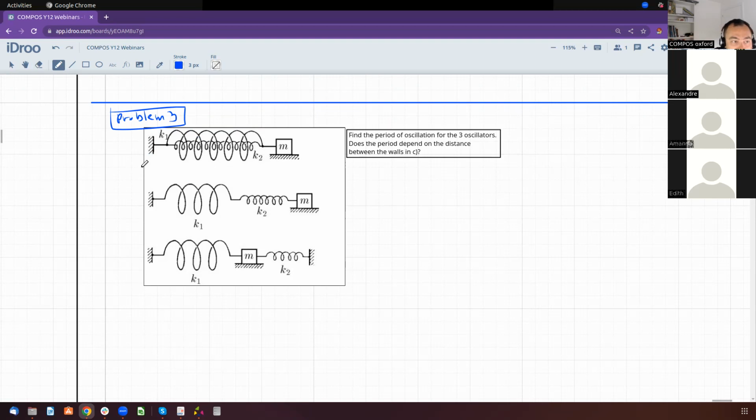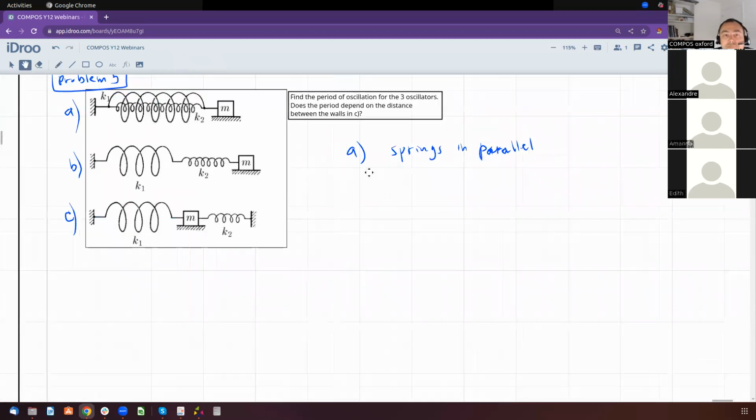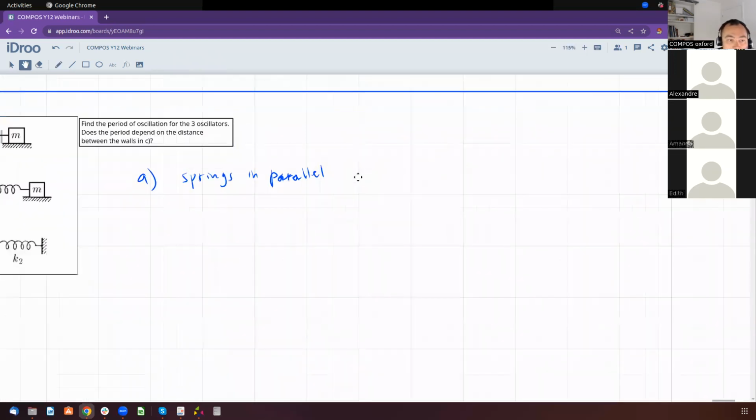So A, B, C. In A, springs in parallel. And for springs in parallel, you can prove that K is equal to K1 plus K2.